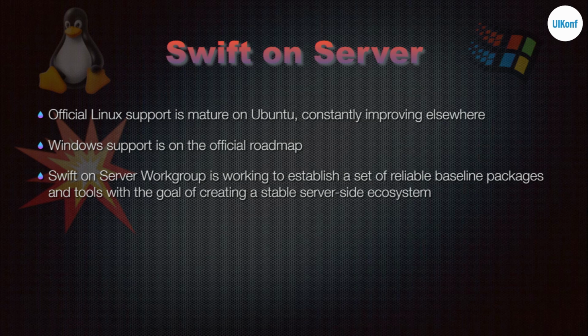But on Linux, by default, as things currently stand, that doesn't happen. So the Swift backtrace package is provided to fill in that gap. And that's one of the kinds of basic services that the workgroup wants to provide in the ecosystem.